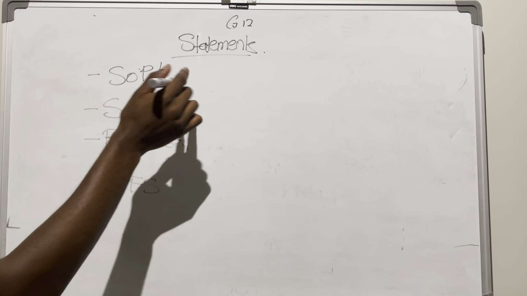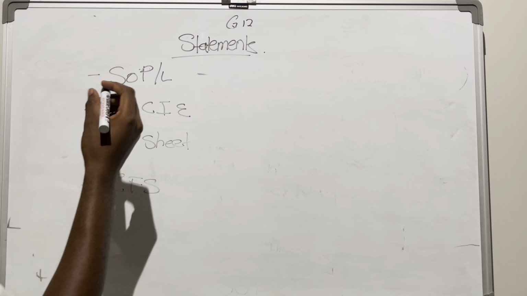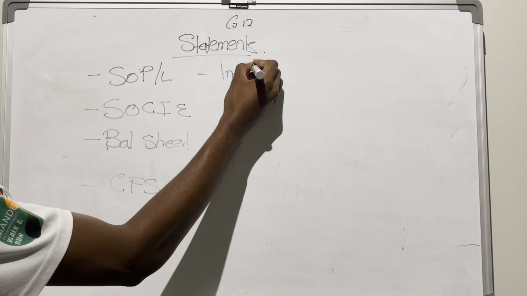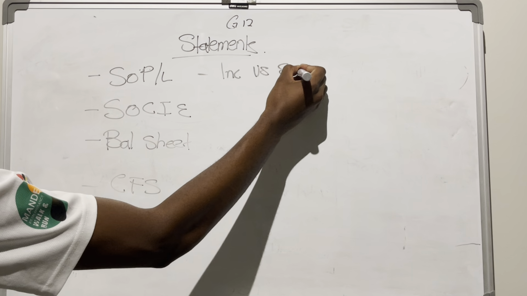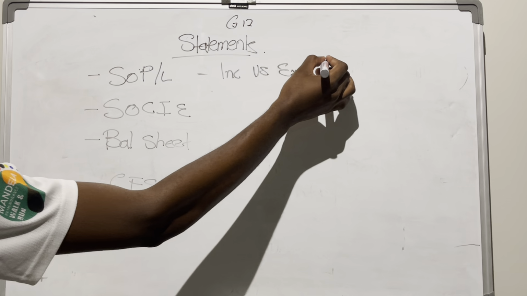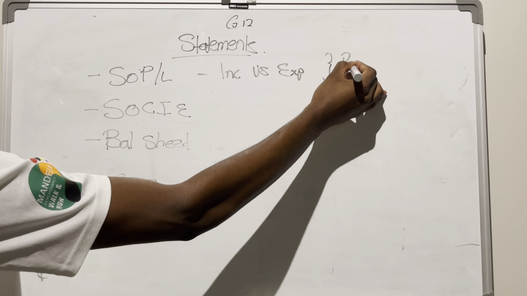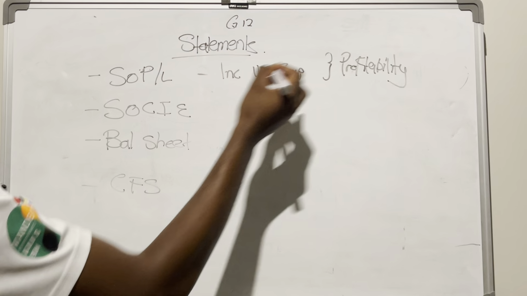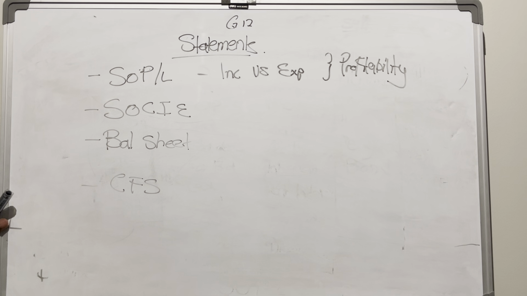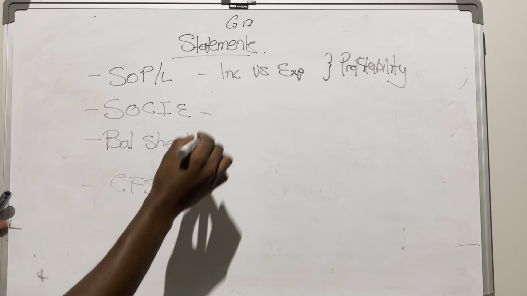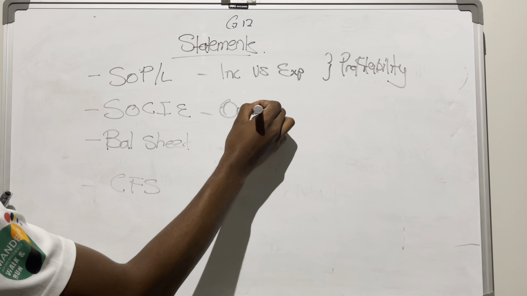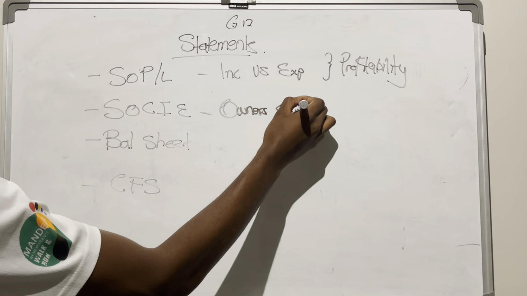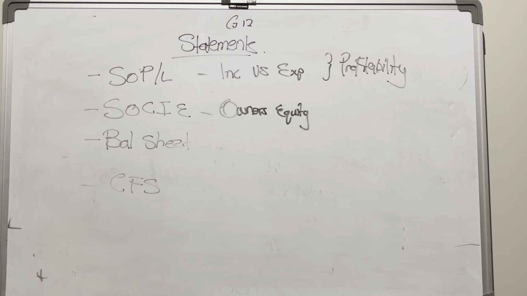What does your statement of profit or loss do? It compares your incomes versus your expenses. It shows your profitability. Statement of changes in equity. It is your owner's equity essential. What does it show, or what does it symbolize?